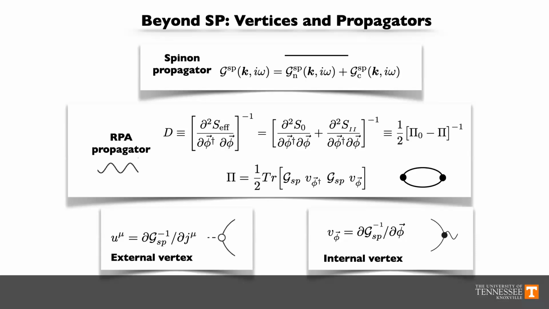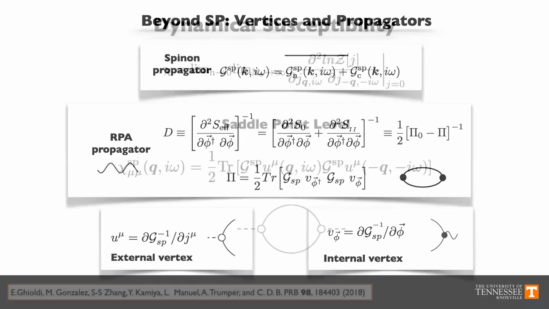And then you have external and internal vertices, the external ones associated with the external sources, and the internal ones that basically account for the effective interaction between and the fluctuations of this Hubbard-Stratonovich field.